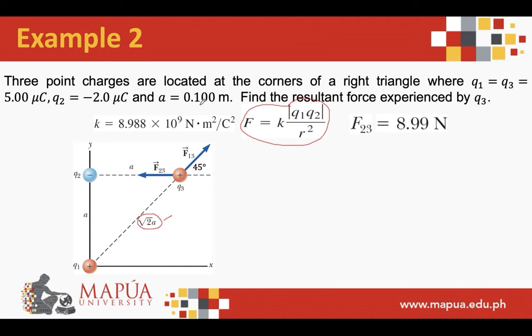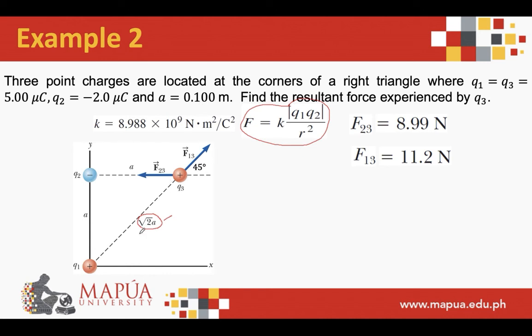Your A is 0.1 meter, and then for F13, Q1 and Q3 are the same. So the value here will be 5 times 10 to the negative 6 raised to the power 2. This is the value of K, and then your R again is 0.1.